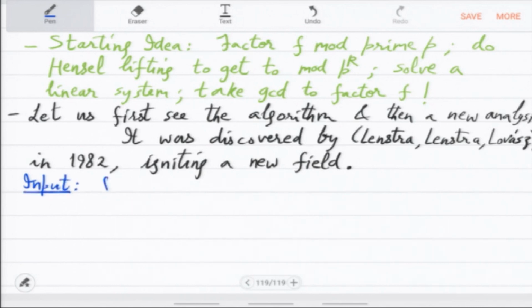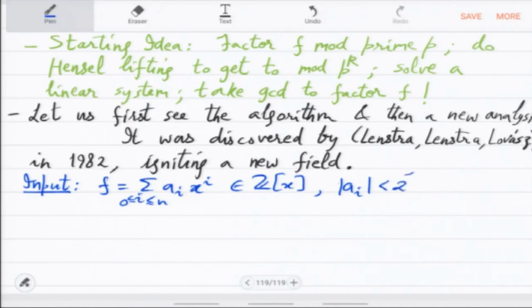So input is f, an integral polynomial, coefficients are not too big. The coefficients are L bits, degree is n. What do you want in the output?